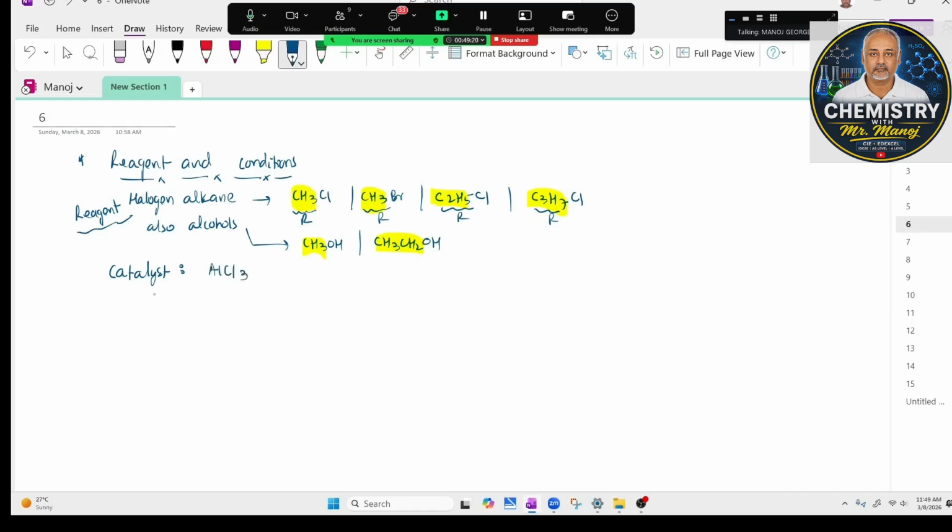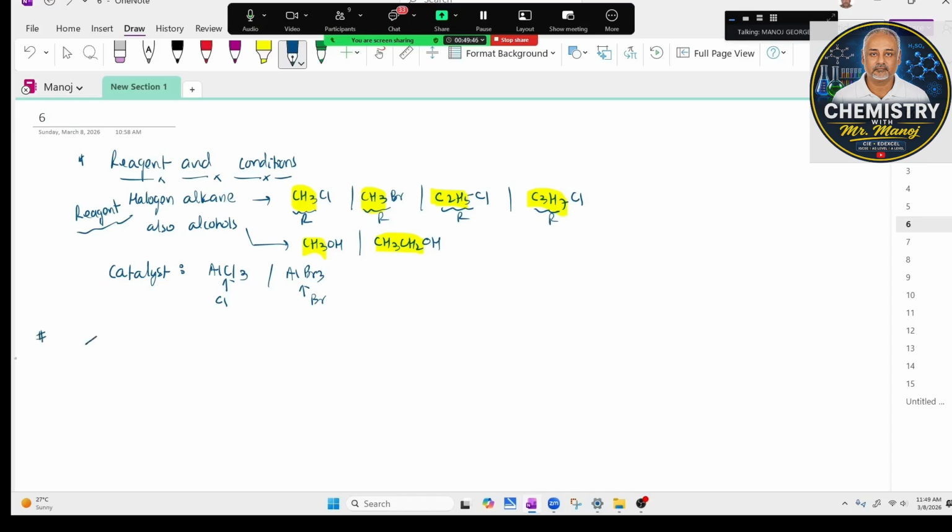That's my halogen carrier. I can use AlCl3 or AlBr3. Now you have to be careful which one you select. This one is for Cl. If you want to work with Br, then you pick up this one. Don't mix it up. Be careful there.